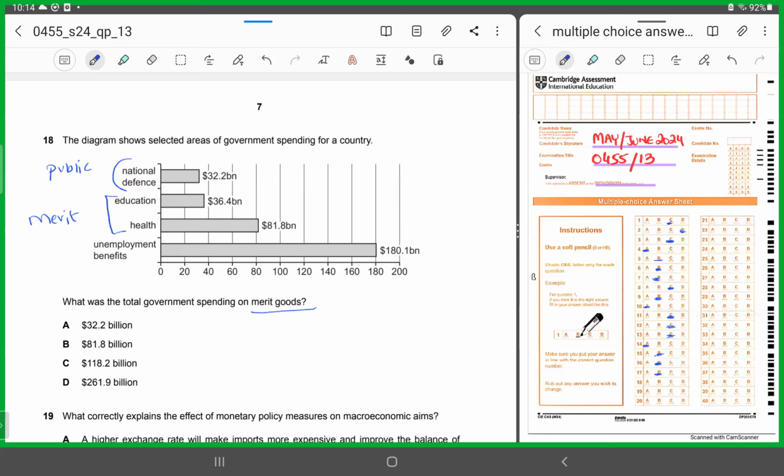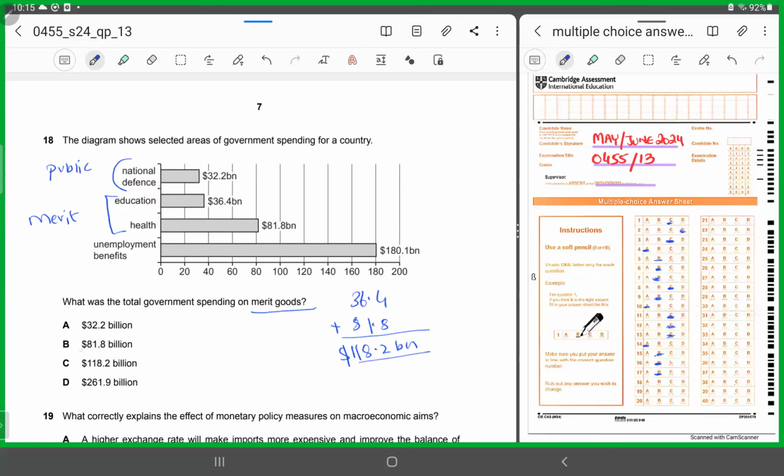Because the idea of non-rivalry and non-excludability comes in when we are talking about public goods, and the free rider problem is there. So it's education and health which are merit goods. The total government spending on education and health is $36.4 billion and $81.8 billion. When you add the two up, the answer would add up to $118.2 billion.